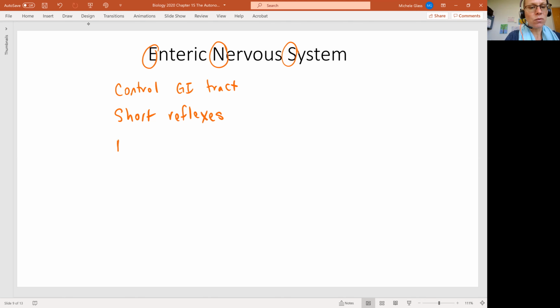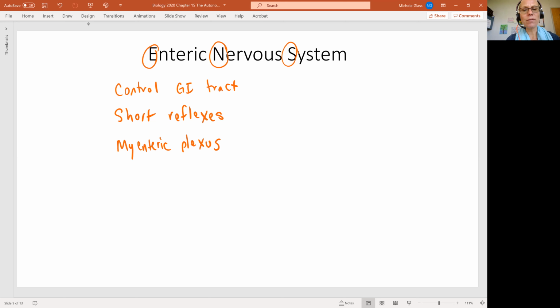And we'll see that this involves the myenteric plexus, which is the collection of nerves that control the stomach, small and large intestine. It's embedded in the organ walls. We'll be talking about this when we get into the digestive system.